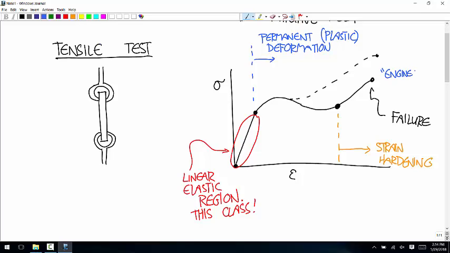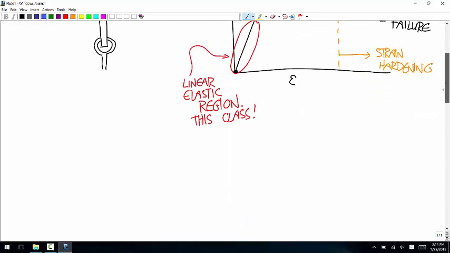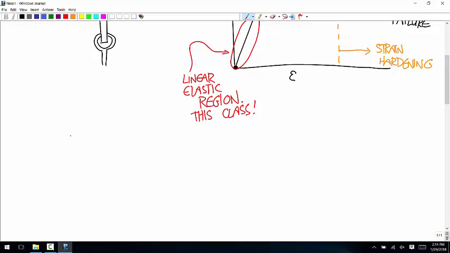That's using our formulas for strain. But this dashed curve comes from calculating the true strain. So let me talk about the difference between those two: engineering strain versus true strain.